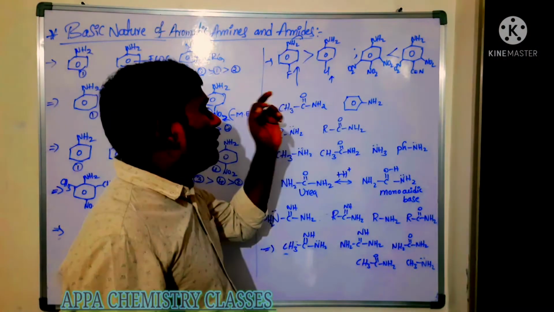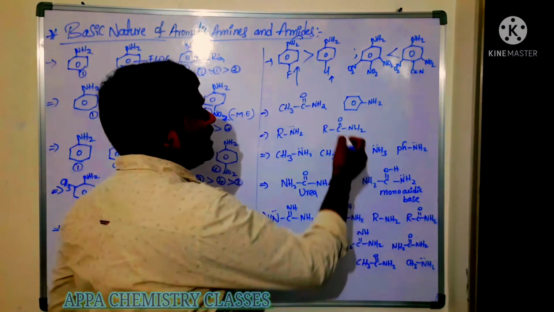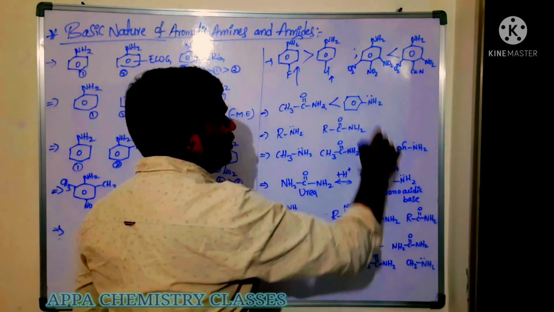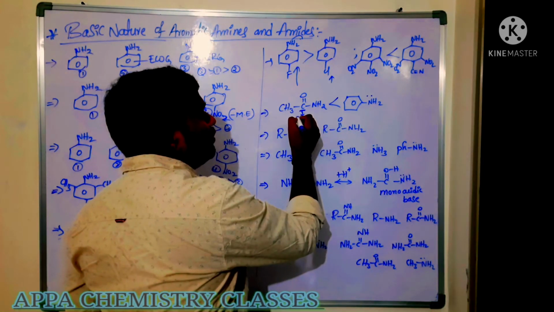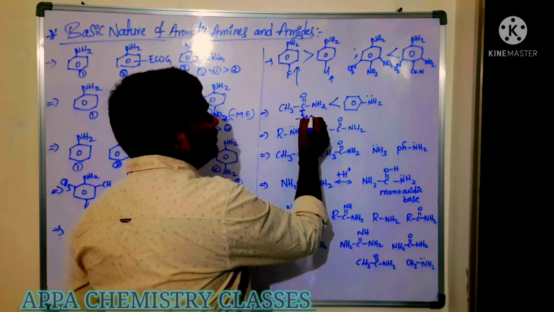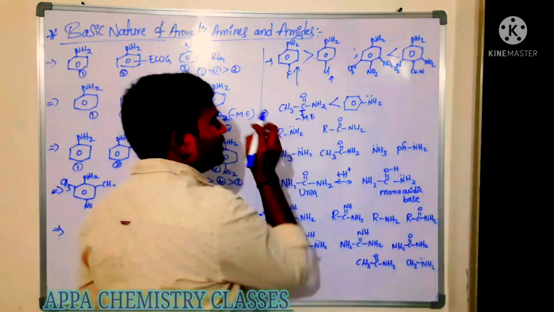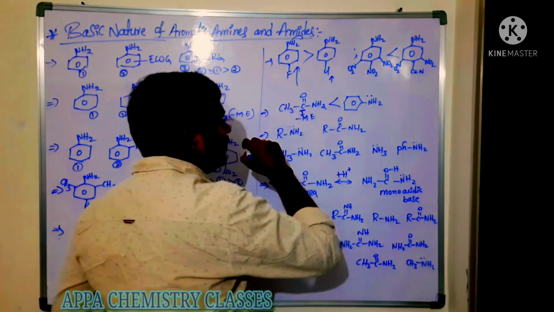Now among these amide and aniline, which is more basic? Aniline is more basic than the amide, because this is a carbonyl carbon, it is a minus M group, minus mesomeric effect. So it is an sp2 carbon.